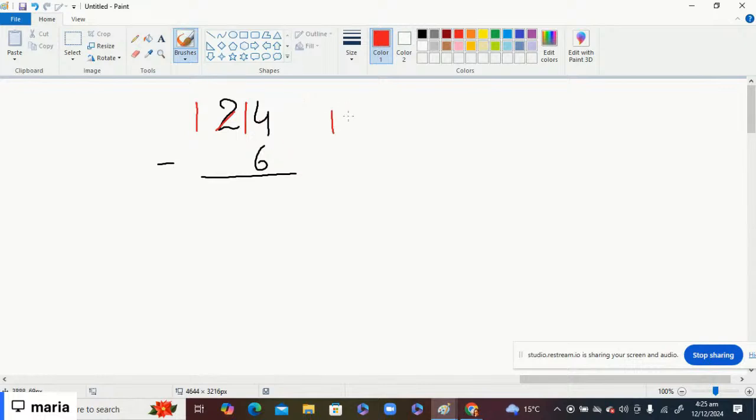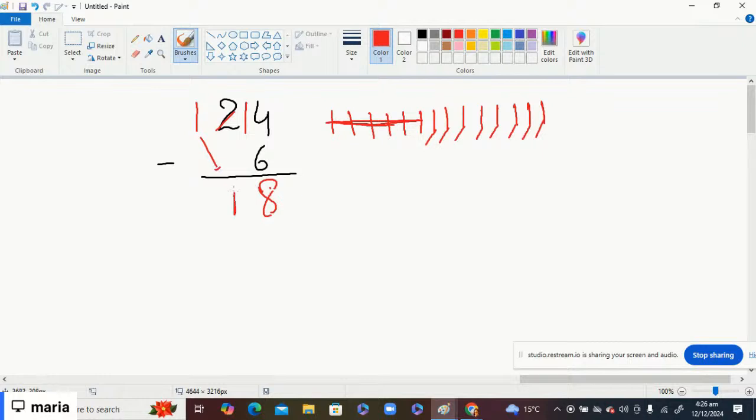So let me put it here: 1, 2, 3, 4, 5, 6, 7, 8, 9, 10, 11, 12, 13, and 14. So how many lines did you subtract? 6: 1, 2, 3, 4, 5, and 6. These 6 lines are subtracted. How many are left? 1, 2, 3, 4, 5, 6, 7, 8. So 8 we are going to put here and this one stays as it is here, that is 18.